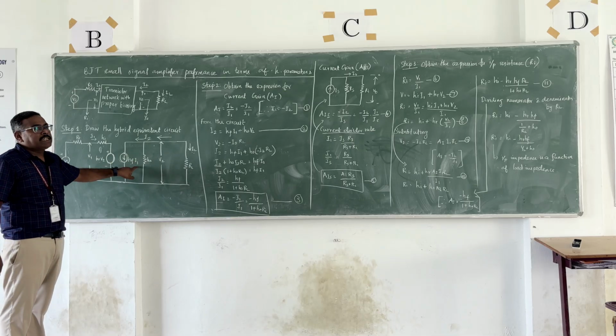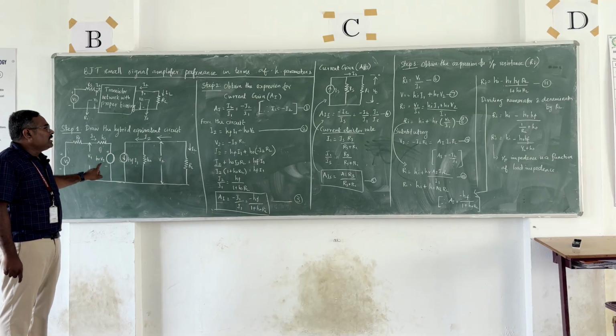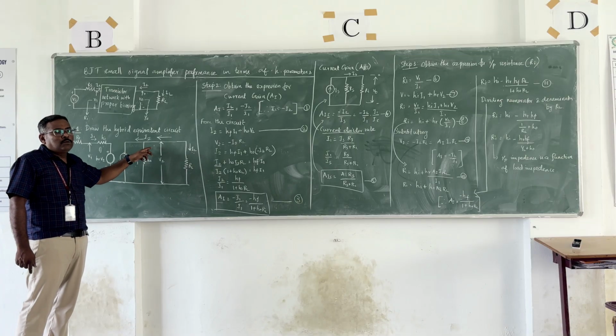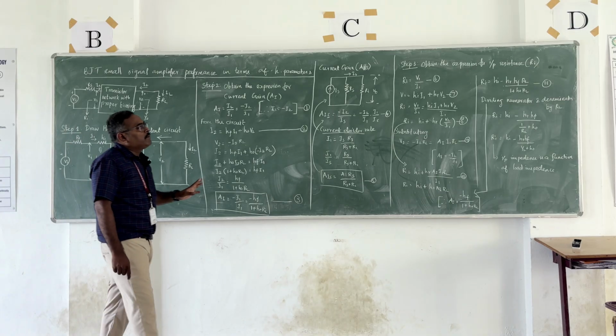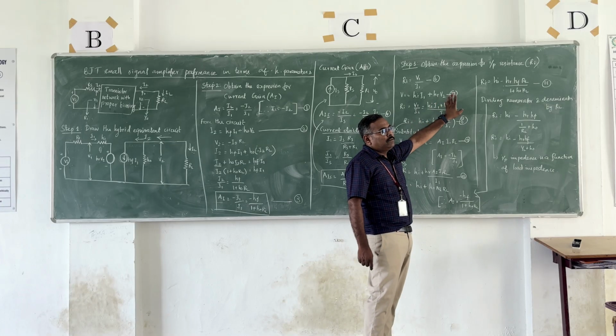For that network, we write for the current, and for the input voltage, because we need two dependent variables: output current and input voltage. That's why we calculate like this. So your V1 is equal to HI into I1 plus HR into V2.